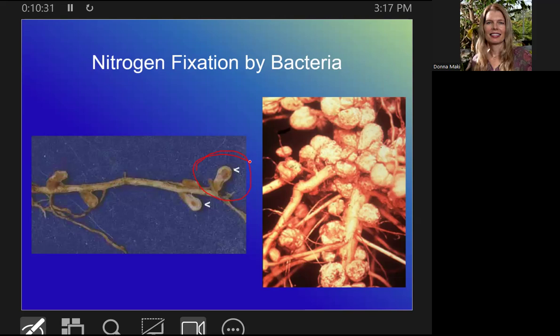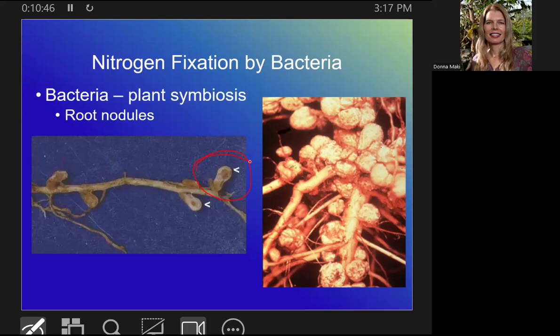The picture on the right is just a different plant species, and you can see the nodules look a little bit different, but same basic idea. Those look like tumors of some sort, and it's easy to think that it might be a bad thing, but it's a good thing. So those are root nodules, the area where the bacteria are hanging out with the plant.